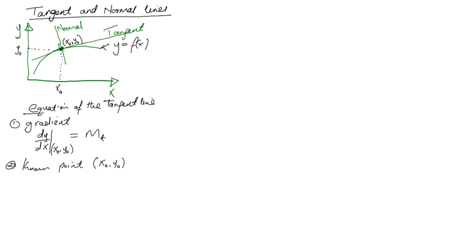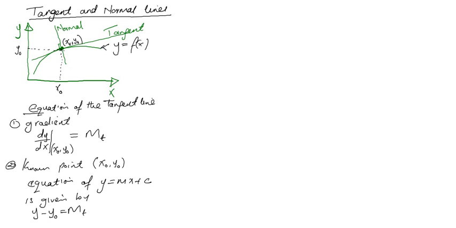And therefore the equation of a straight line, we all know the equation y equals mx plus c, is given by: you write y minus y0, which is a known point, and then you insert the gradient.